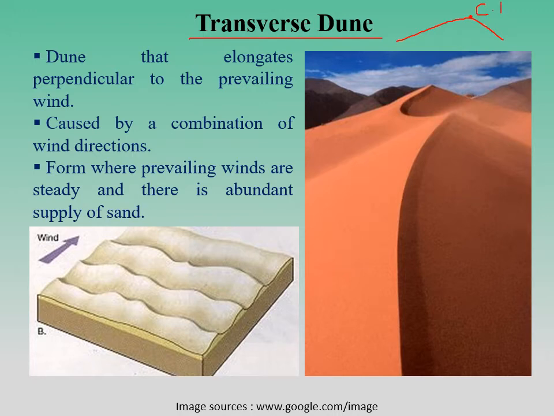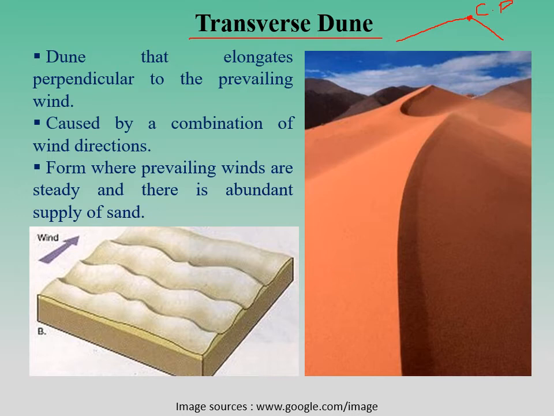The crest line orientation of the transverse dunes is always perpendicular to the flow direction. From the prevailing winds, which are steady, that means unidirectional, and when there is an abundant amount of sand supply, these kinds of transverse dunes are found to occur in nature.